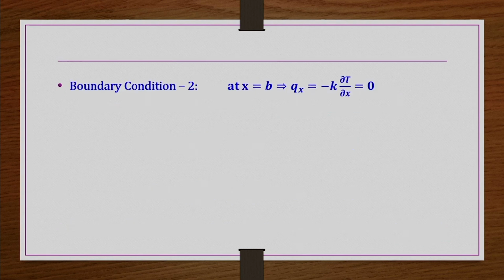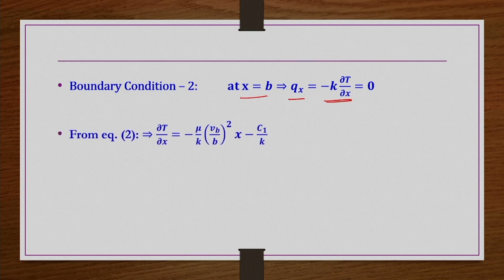Another boundary condition: at x is equal to b, Qx is equal to 0, Qx is nothing but minus k dou T by dou x. So, that means dou T by dou x is equal to 0, and from equation number 2 we had dou T by dou x is equal to minus mu by k Vb by b whole square x minus C1 by k.